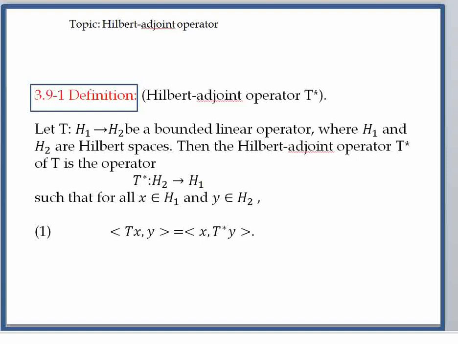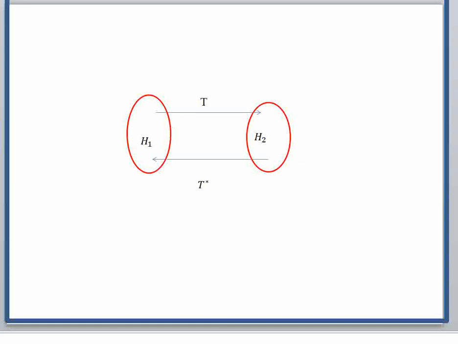H1 and H2 may be the same or different. Here T is an operator which maps H1 to H2, and T is a linear and bounded operator. T* is another operator which maps H2 to H1.